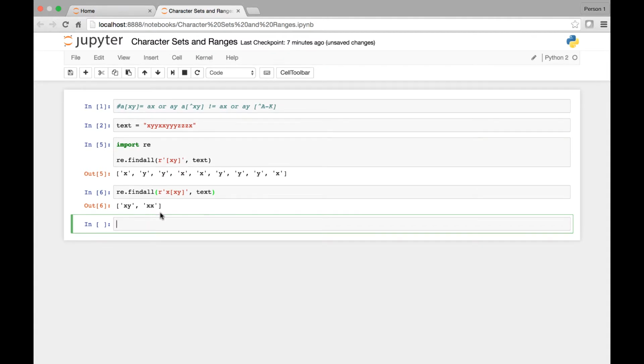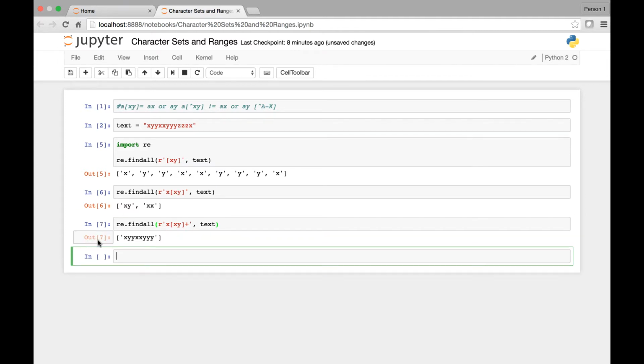What if I want to find X followed by one or more X or Y? For that, I can say re.findall, r, and then pass my pattern X followed by [XY], and since it's one or more, I can add a plus sign here, and then my text string. Run it.